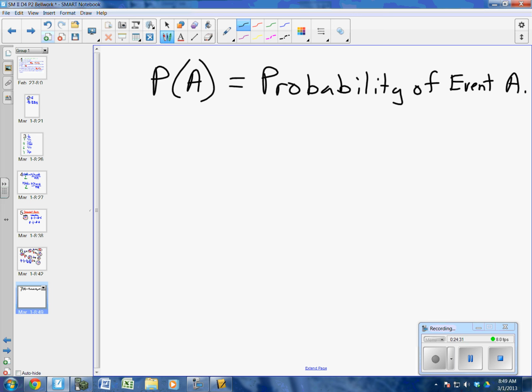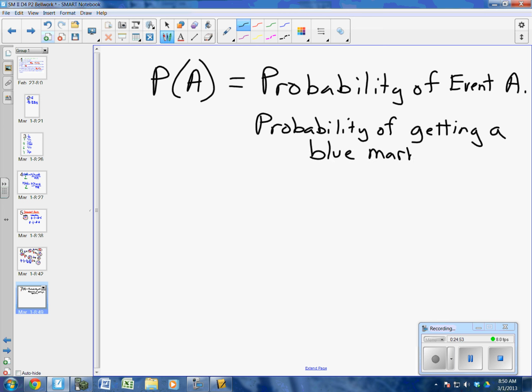And if I say probability of B, and we're going to say probability of A is the probability of getting a blue marble first. Okay? Probability of event A is the probability of getting a blue marble first.